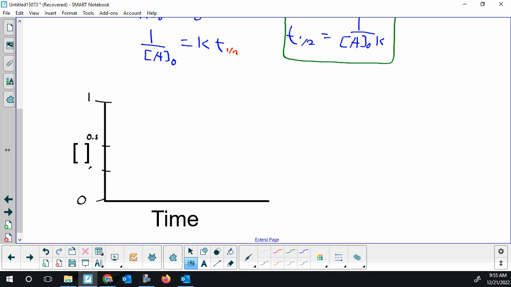I'll cut that in half again, a quarter. So for second order kinetics, a half-life would be going from 1 and dropping down to 0.5. And let's just say that took 10 seconds to drop.